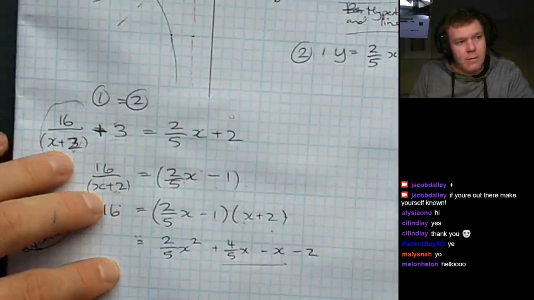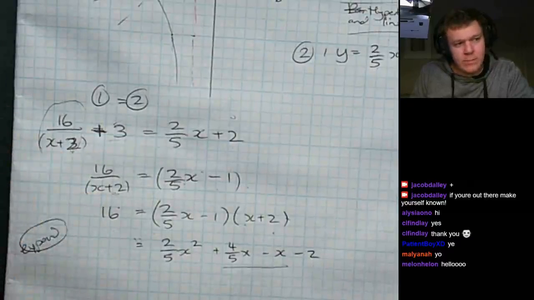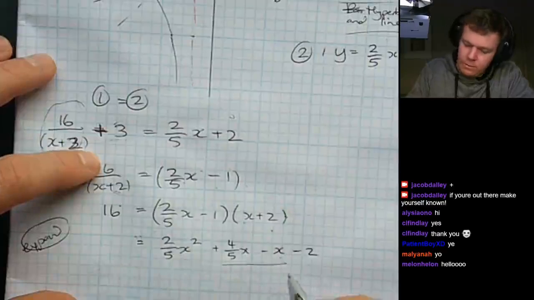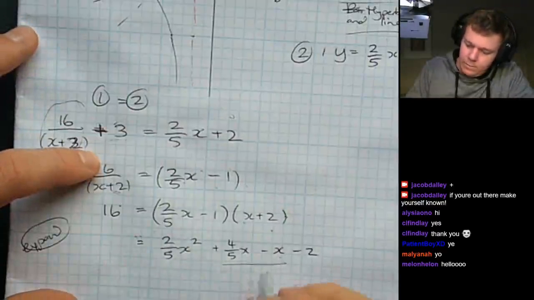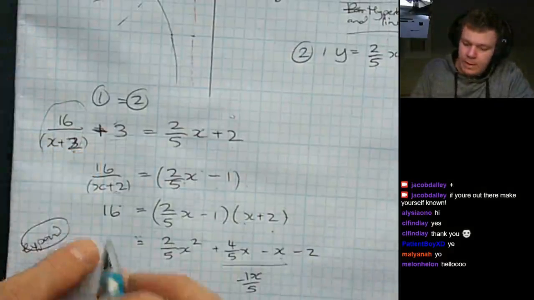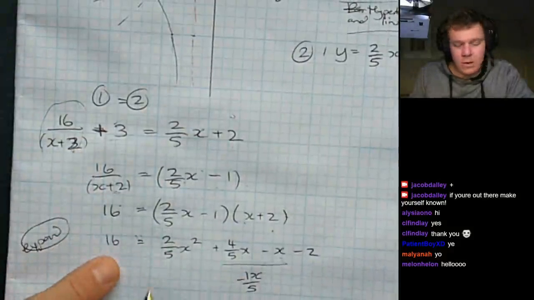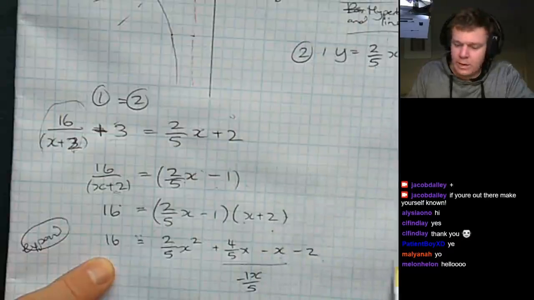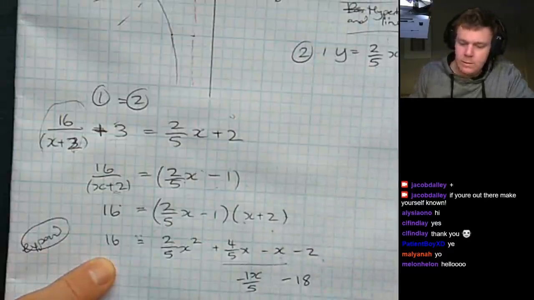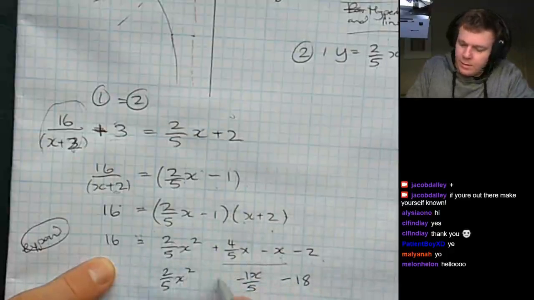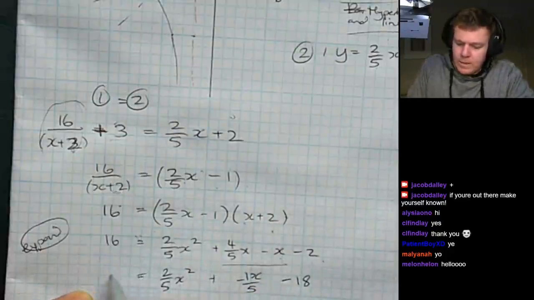These terms here are just single x terms, so they can be put together. 4/5 x minus x would be negative 1/5 x. And remember we got our 16 over here, so we want that to be over here with that negative 2. So we're going to end up with negative 18. And there's no other x squared terms, so we'll just leave that as it is. And that all equals 0.